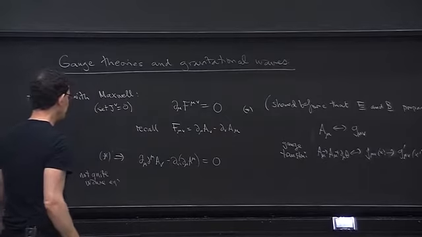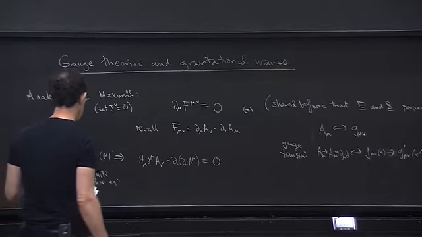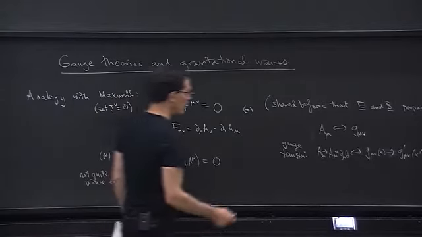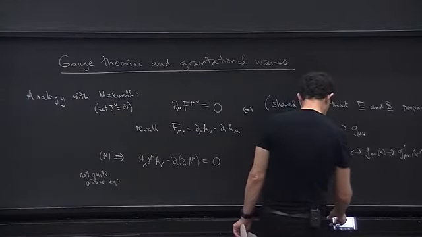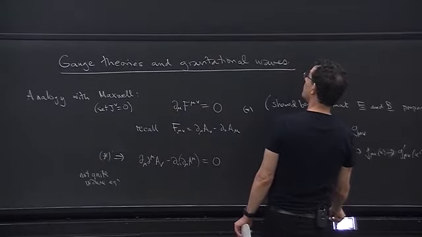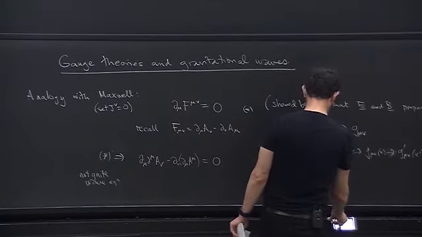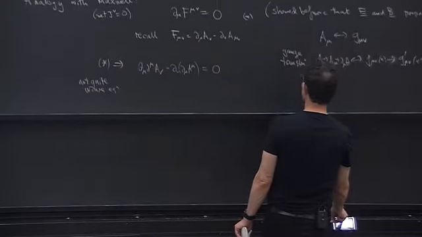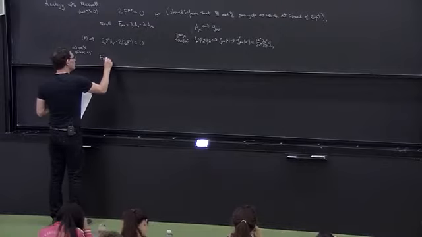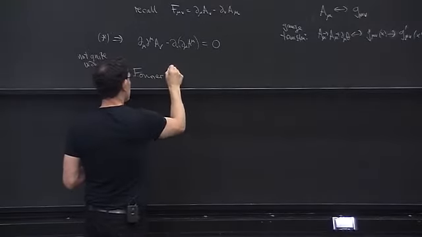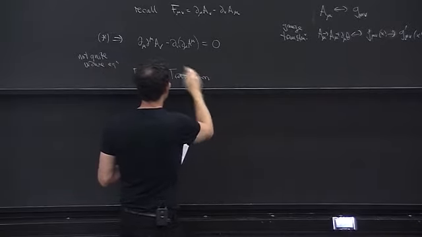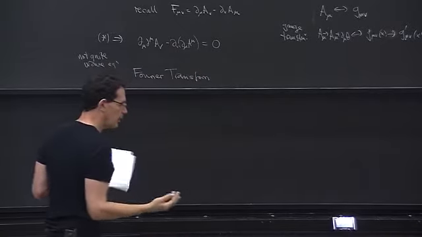For A mu, in fact, what we can do is Fourier transform to understand the solutions of that equation. It's a linear equation, so Fourier transform is always a good idea in a linear translationally invariant equation.